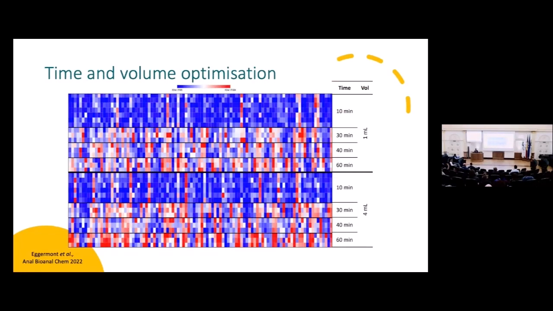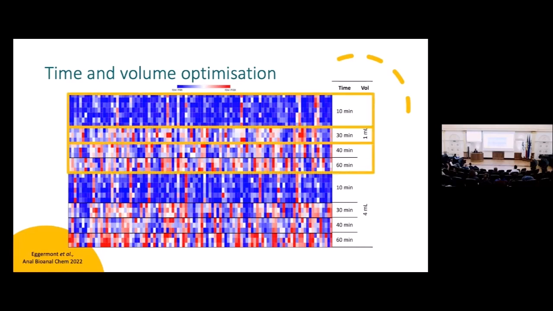Then we did a quick conditional optimization. Firstly, we optimized the time and the volume. Here I show a heat map representative of the compounds that we have. We tried 1 milliliter and 4 milliliters, and 10, 30, 40, and 60 minutes.